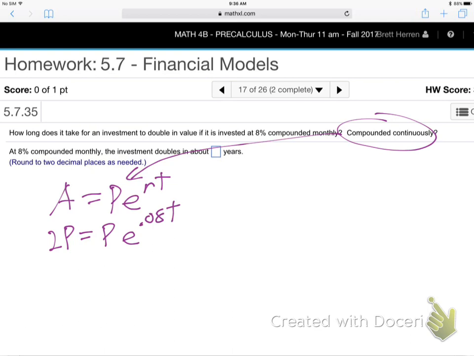And we're trying to find the time. It's a little easier, isn't it? Not quite so messy. And then just divide both sides by the p like usual. Boom, boom. Bring it over here so we get 2 equals e to the 0.08t. Am I going too quick? So I'm just doing part B, or the second part of this question.